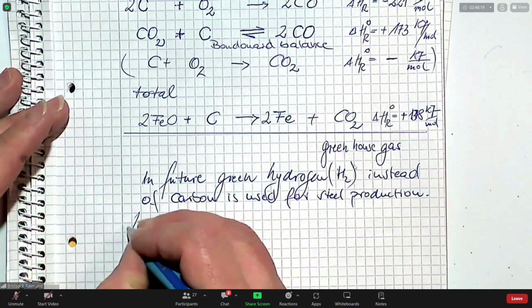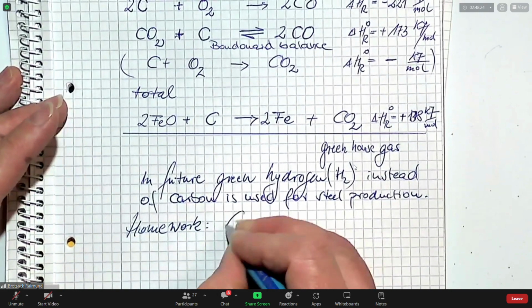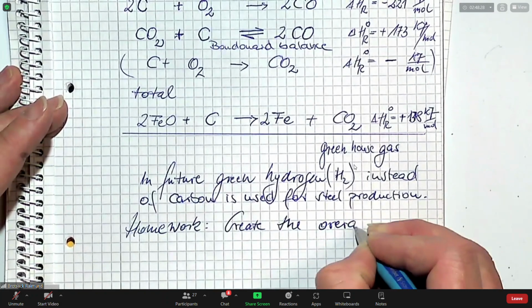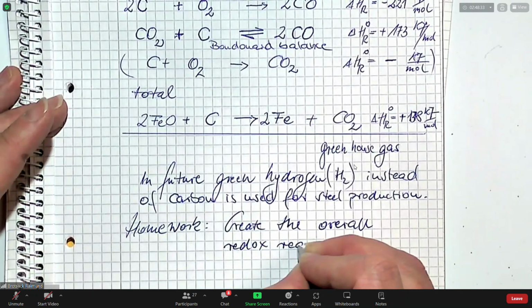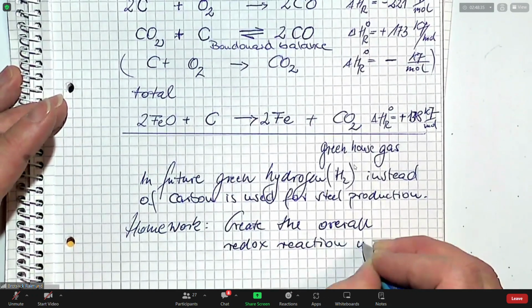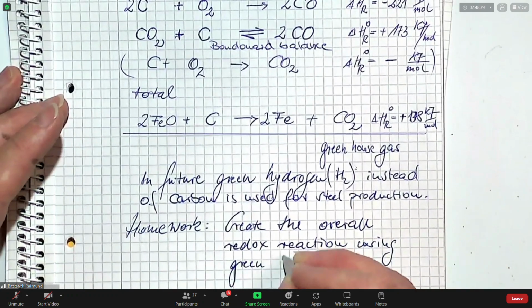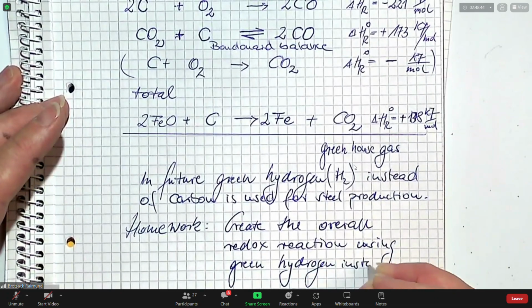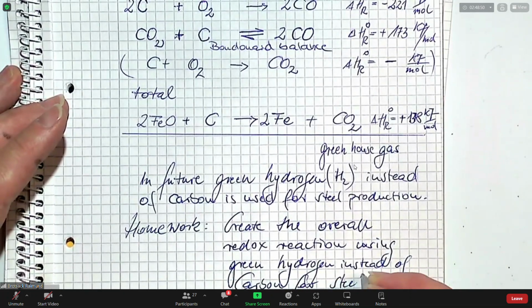So homework: create the overall redox reaction using green hydrogen instead of carbon for steel production.